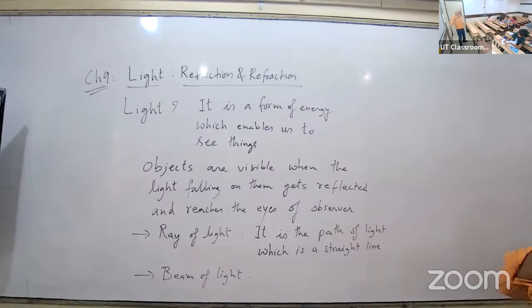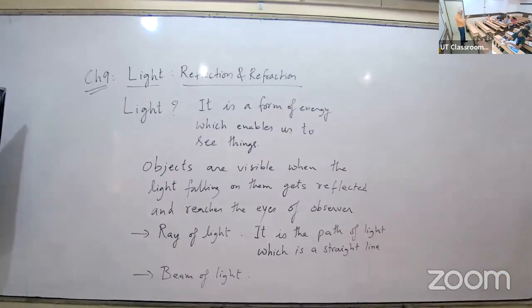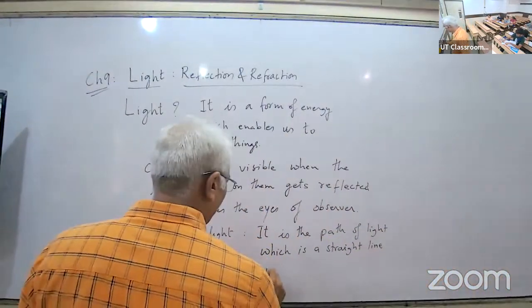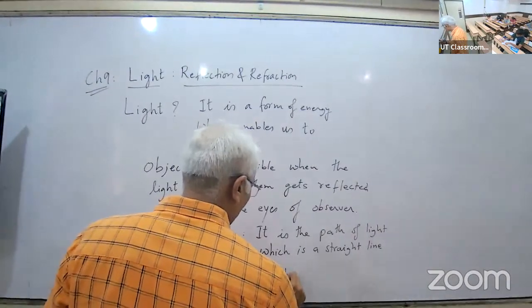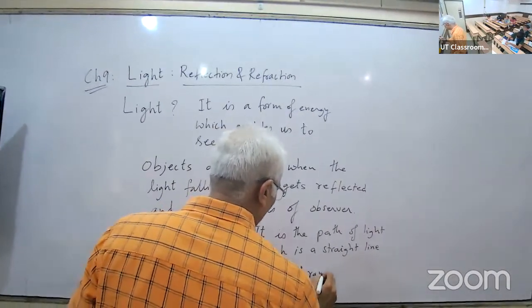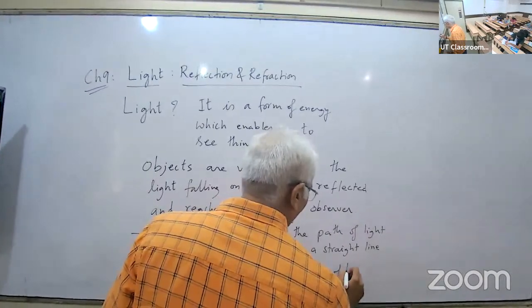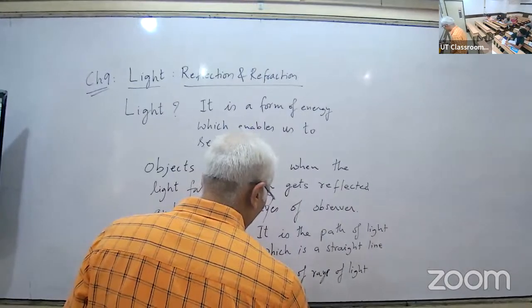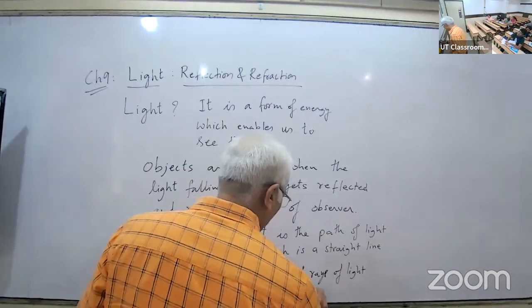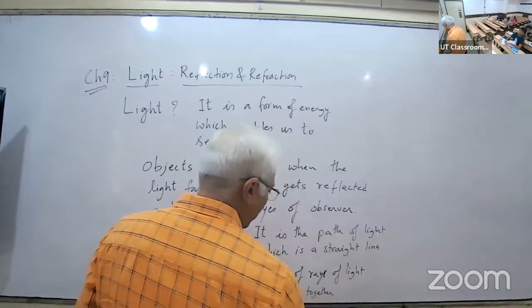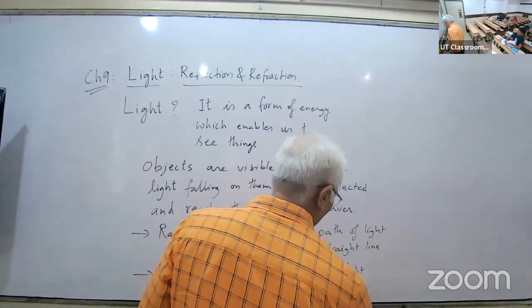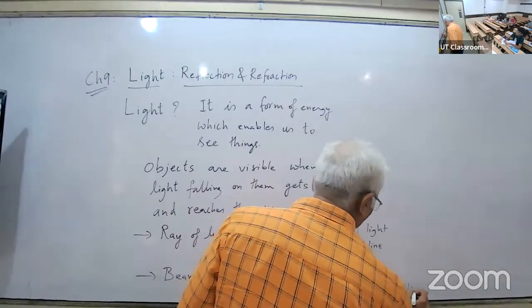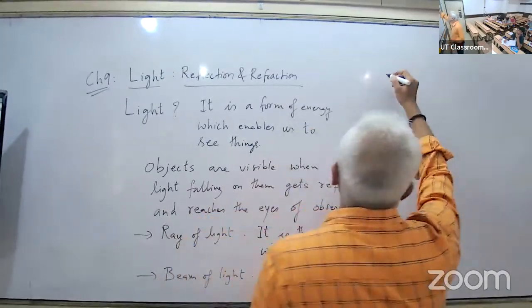Generally, when light is traveling, it's not just a single ray. It is a bunch of rays traveling together. This is called a beam of light.